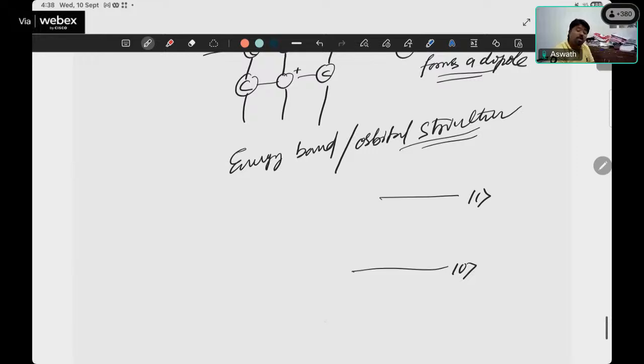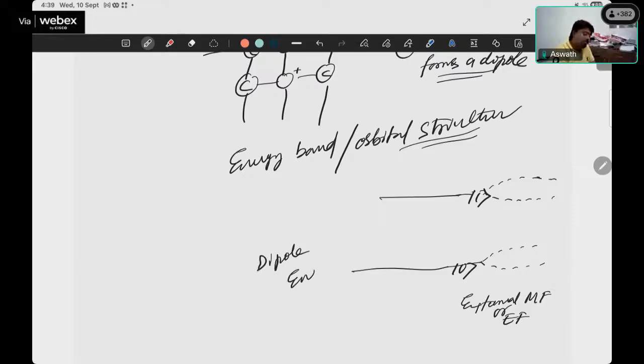Even a small electric field around can split the ground state into two fine orbits, and again the excited state into two fine orbits, because of external magnetic field or electric field. So the dipole energy structure.